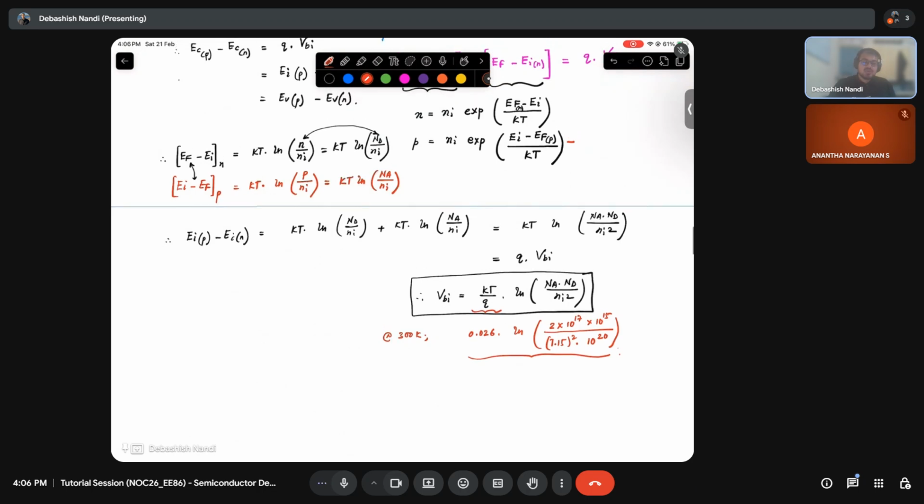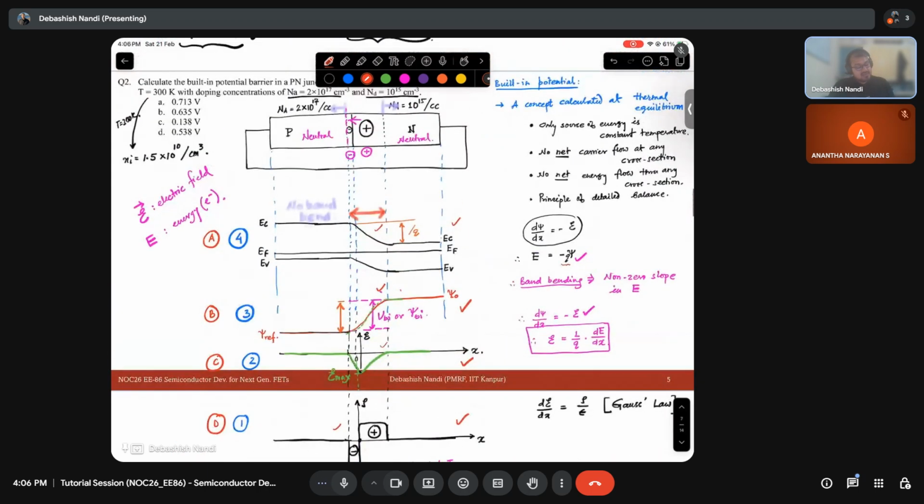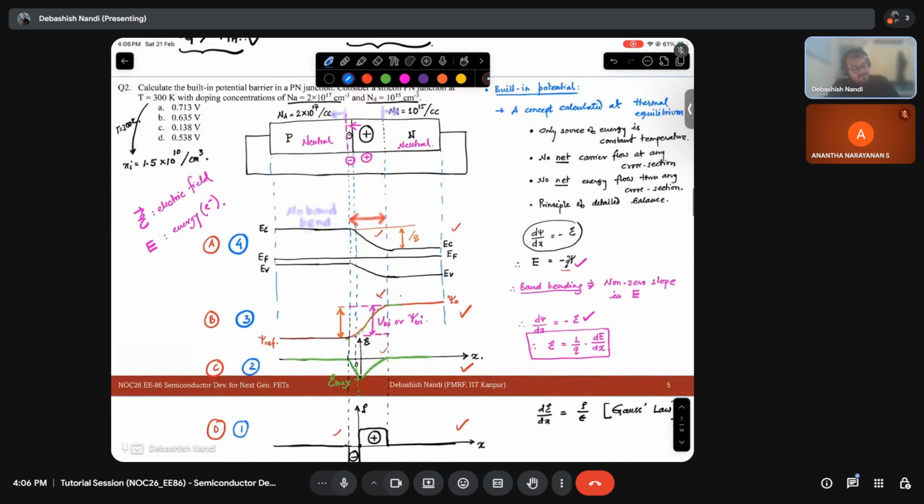So can you tell me what is the current at this location? At any location, if I take this depletion region, will there be any carrier movement?